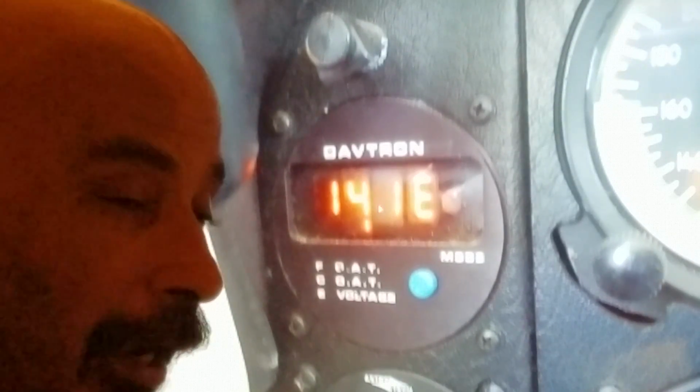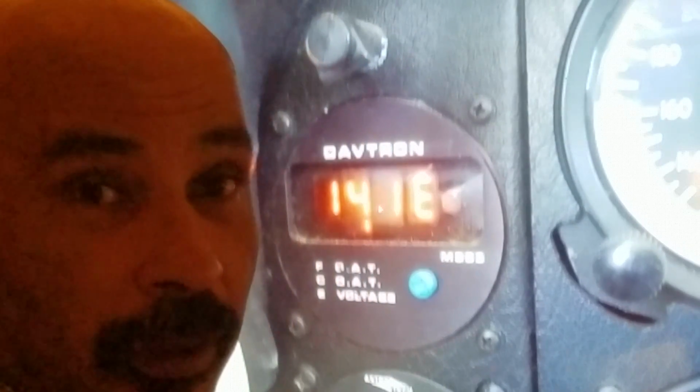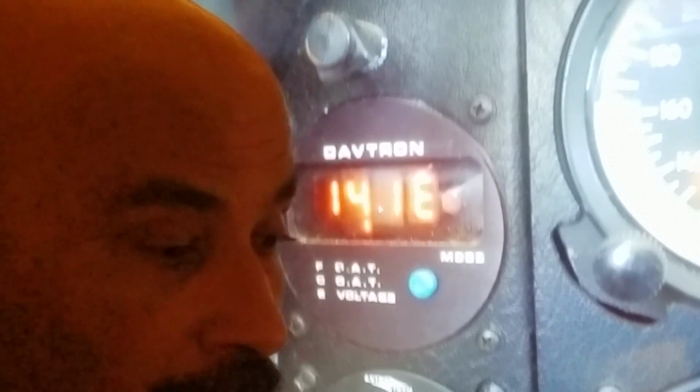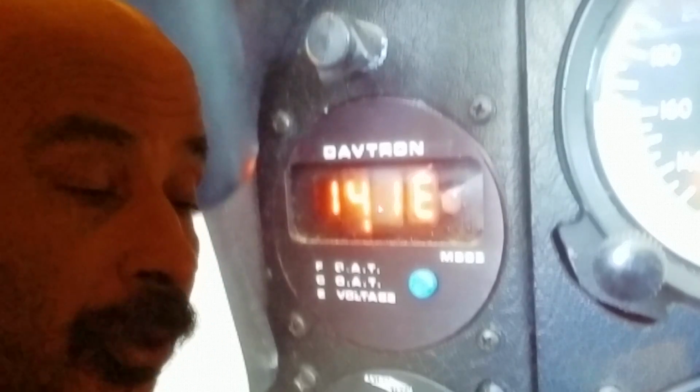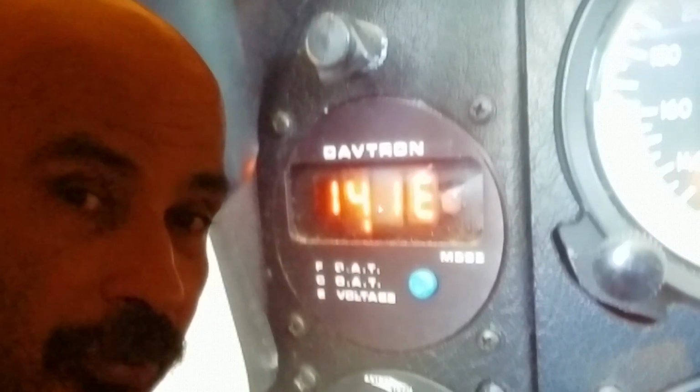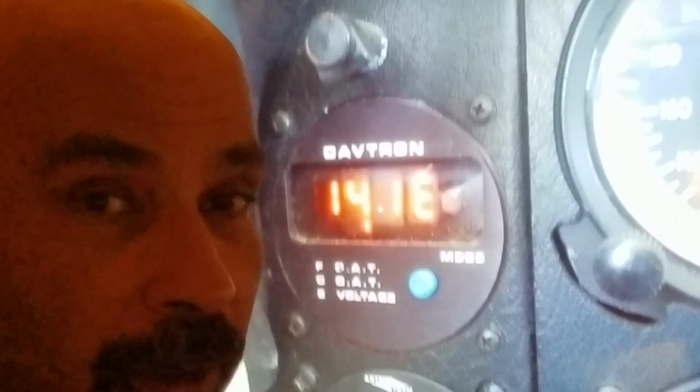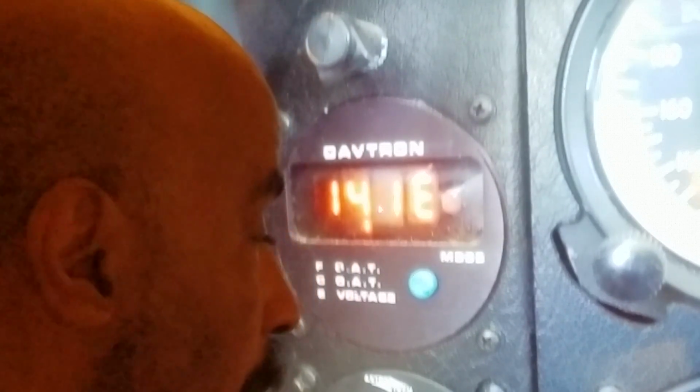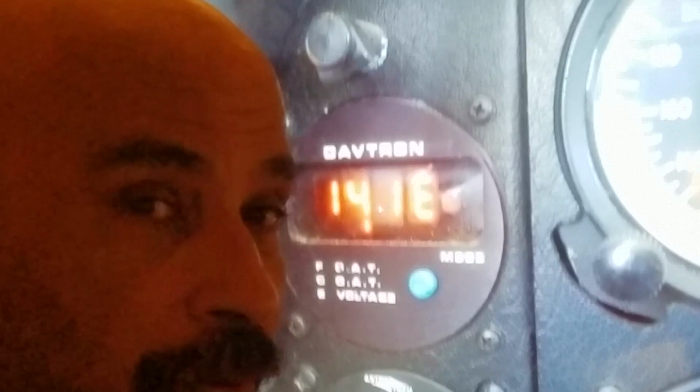It's pretty obvious what would happen if you were going to fly into a cloud where the air temperature is freezing or near freezing. You'd end up with a load of ice on the aircraft. You might end up blind. So the OAT, outside air temperature gauge, is there for that reason, to keep you away from problems with icing. Another reason for this outside air temperature gauge is to compute aircraft performance.